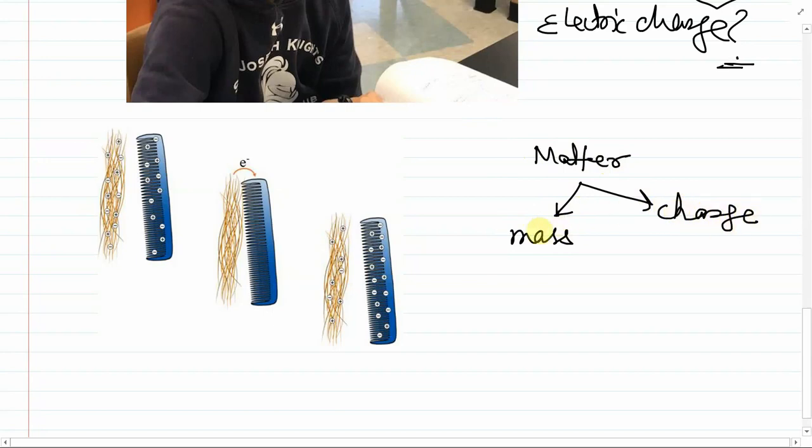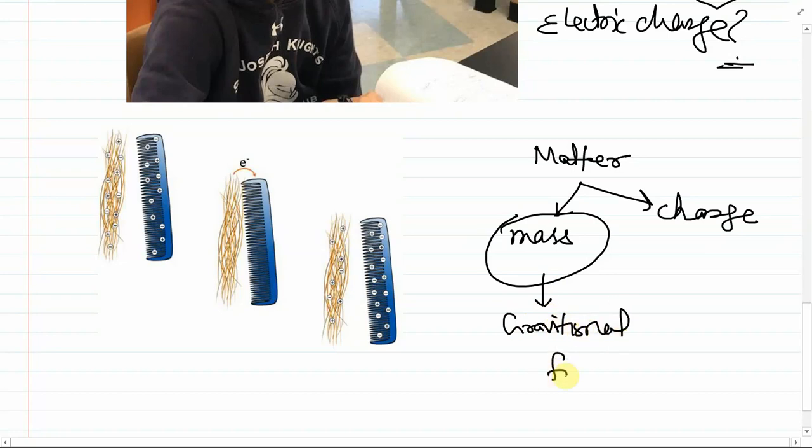The property of mass you have already studied in your previous class, and due to the property of mass there is also a force of attraction that is called gravitational force, and due to this property charge, the force between the objects is known as electrostatic force.